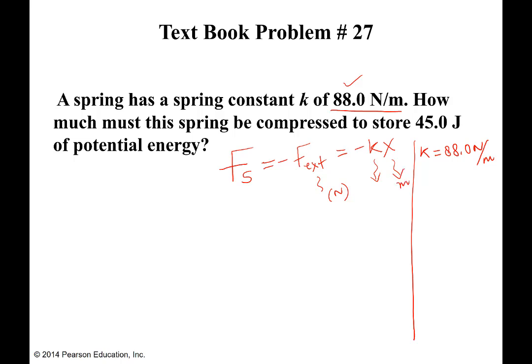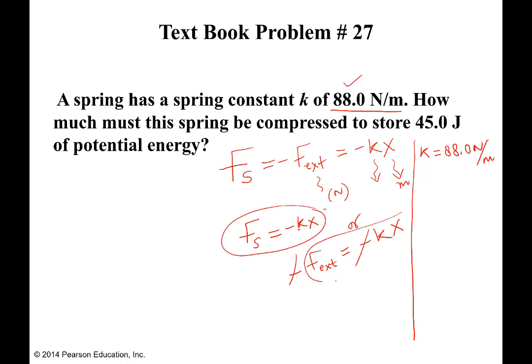So if I have to find k, I take Fs equivalent to minus kx, or you can also say minus external force is equivalent to minus kx. You can cancel this sign. Either one is fine. You can use the magnitude. Both are equal but opposite.